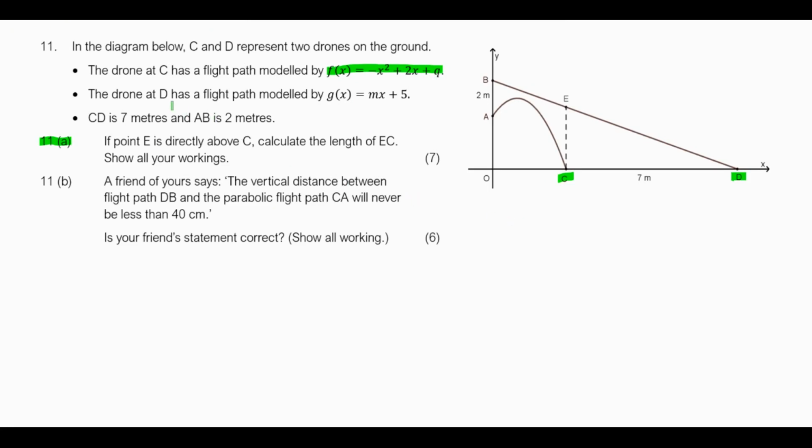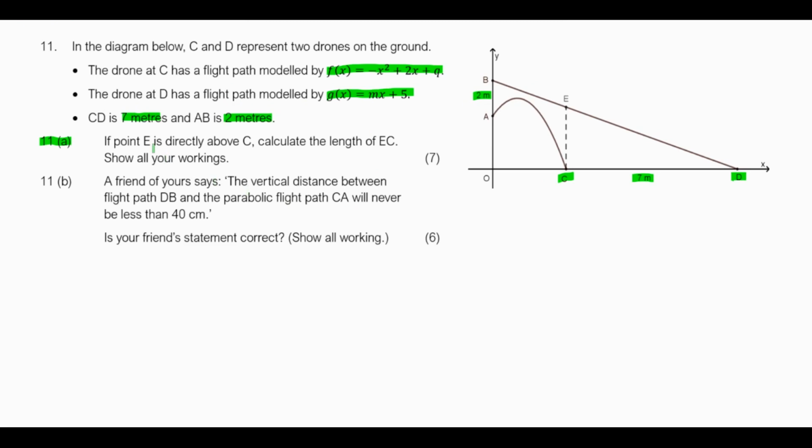The drone at D has a flight path modeled by g of x is equal to mx plus 5. CD is 7 meters, and AB is 2 meters.